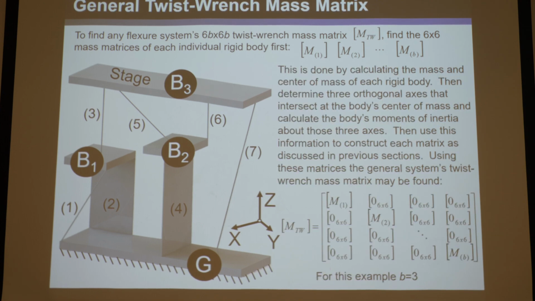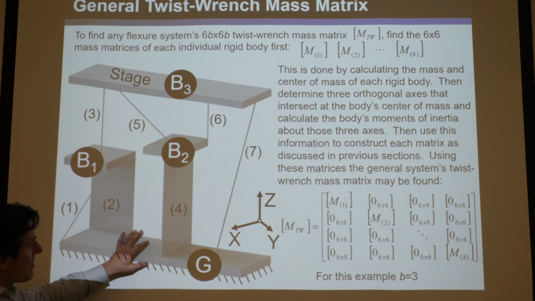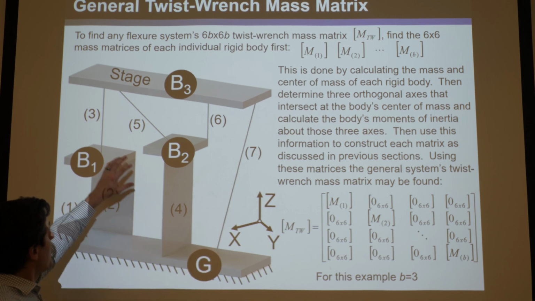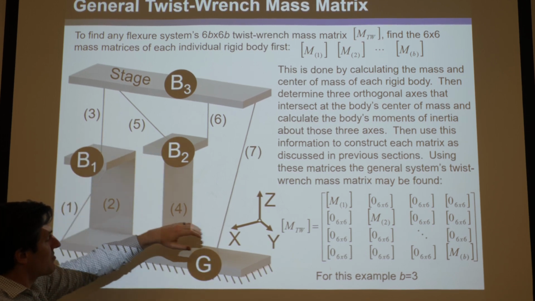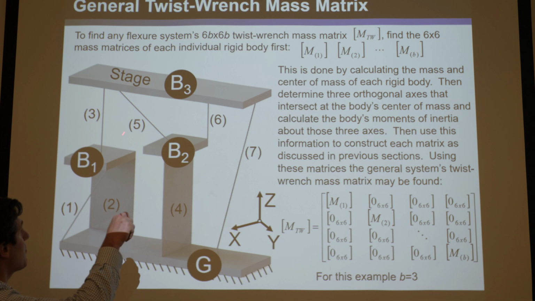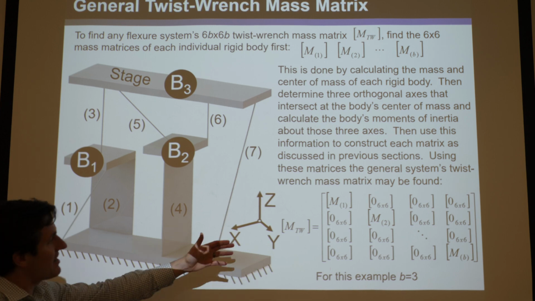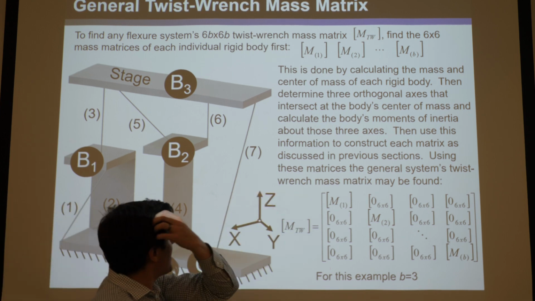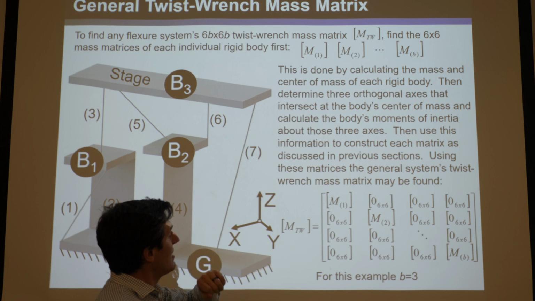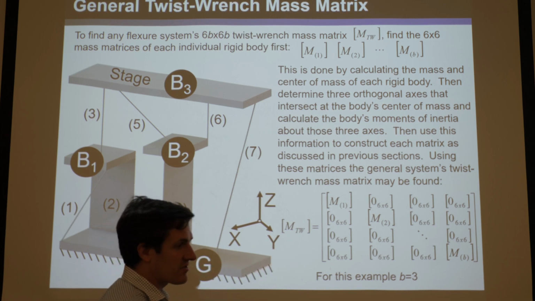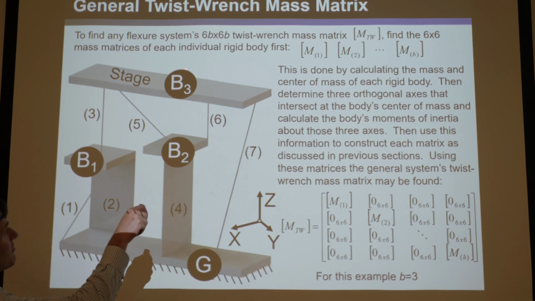What you do for a hybrid or serial system is, again, you don't have to make the mass matrix for the G, the ground body, but you do construct the mass matrix with respect to this coordinate system for body 1, body 2, body 3, and as many bodies as can move. And then you just stack it in a giant, again, 6B by 6B matrix, okay? That's the same size as the stiffness matrix, where, again, B is the number of bodies that can move.